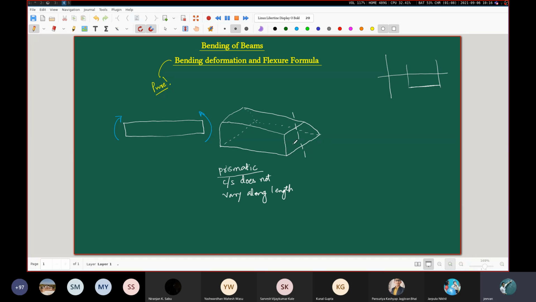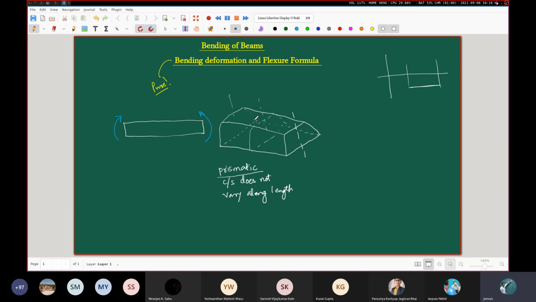It has nice left-right symmetry, and this kind of symmetry will be present no matter which cross section you take. You take a cross section here, the same kind of left-right symmetry will be there. You will have an axis like this, you will have an axis over here.